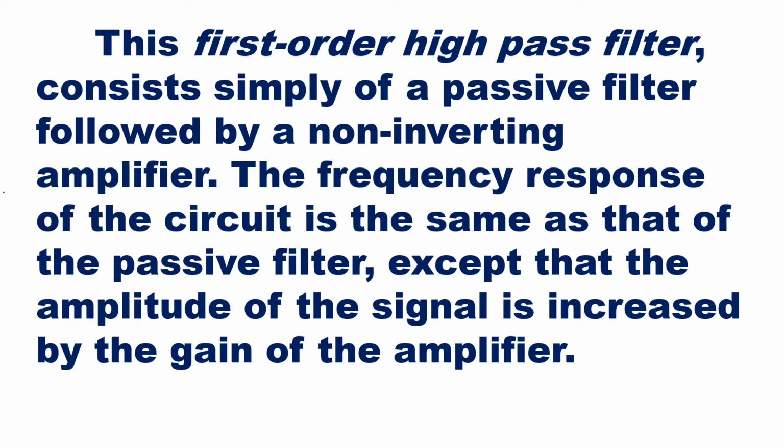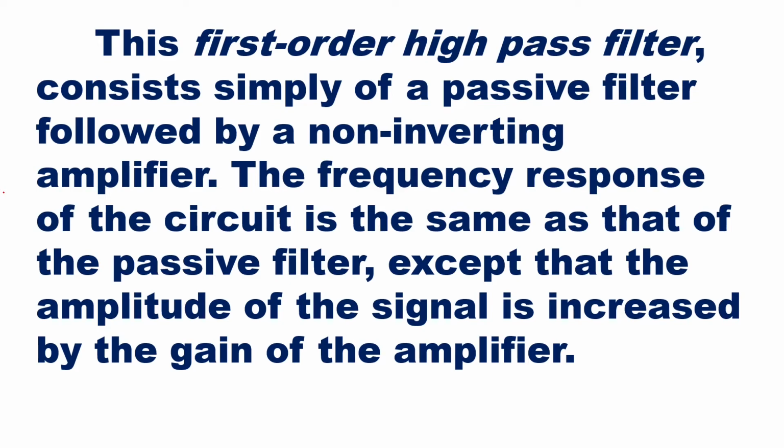Now here, the explanation for the circuit. This first order high pass filter consists simply of a passive filter followed by a non-inverting amplifier. The frequency response of the circuit is the same as that of the passive filter, except that the amplitude of the signal is increased by the gain of the amplifier. The non-inverting amplifier using the op amp will increase the amplitude of the output.